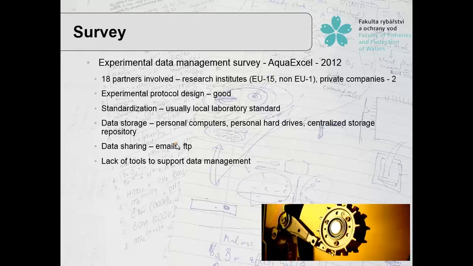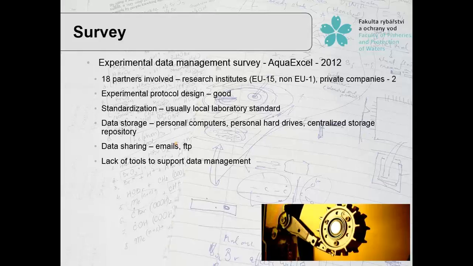Data storage was very poor because the most sophisticated solution was the centralized storage on the server, where each person has their own directory, and this person can store the data there. Usually, the people are using personal computers or personal hard drives to store the data from the experiments.